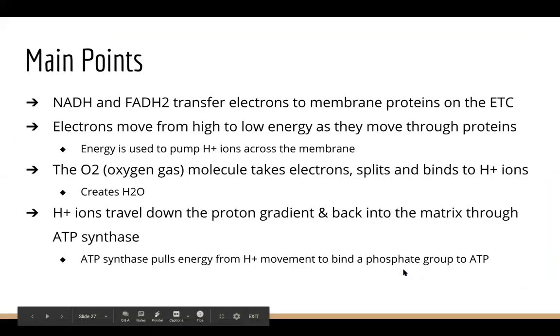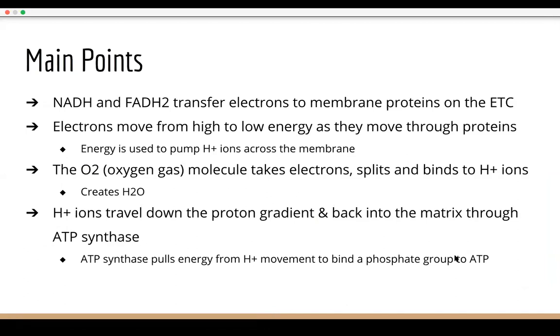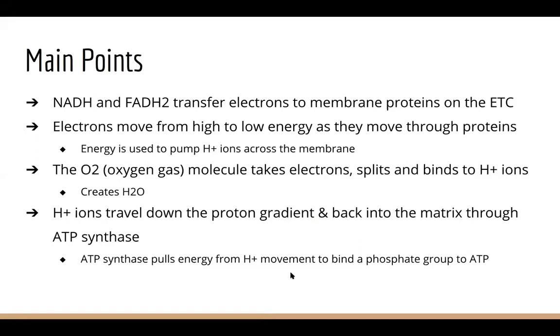Okay, so here's a quick summary of the last part. It starts off with NADH and FADH2 transferring electrons to membrane proteins on the electron transport chain. These electrons move from high to low energy as they move through proteins. This energy is used to pump H plus ions across the membrane.